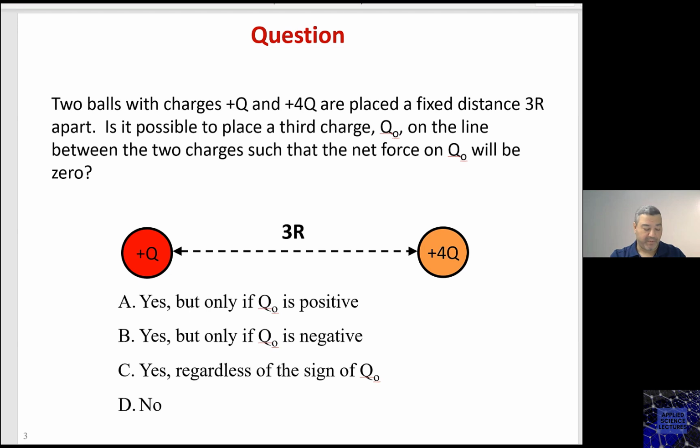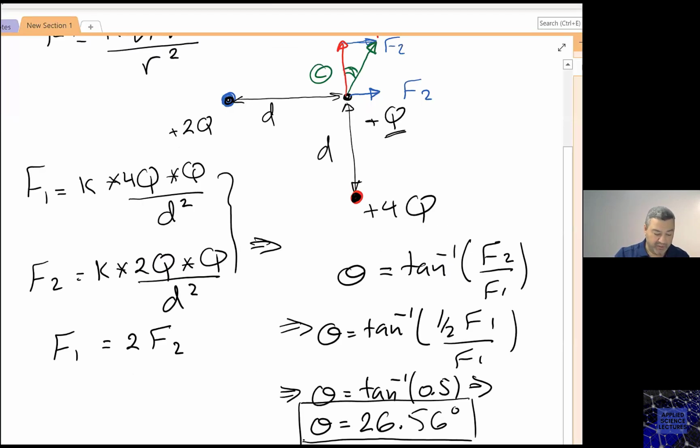So my question is asking if it's possible that I put a charge right in between those two charges such that the net force would be 0. Is that possible? Let's evaluate it.